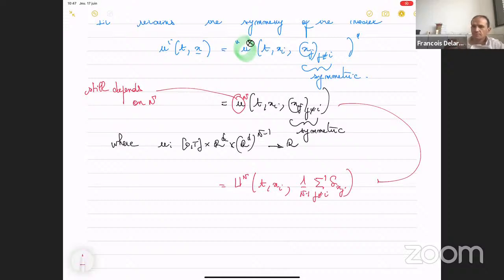Because when you have a symmetric function, the only thing you need to know is where the points are in total. You don't need to know who is who. You just need to know where the global population is. And this is encoded in the shape or the form of the empirical measure, or the uniform measure.